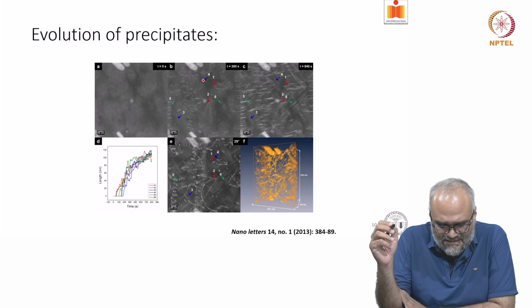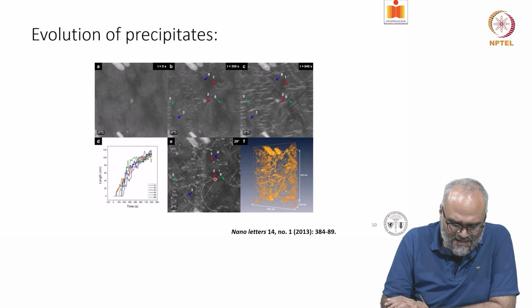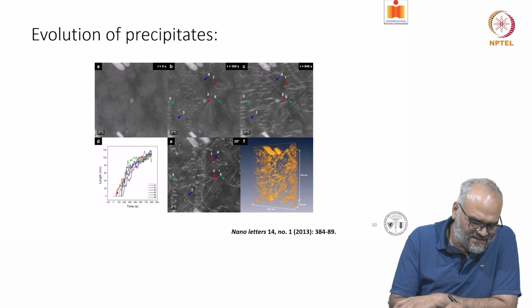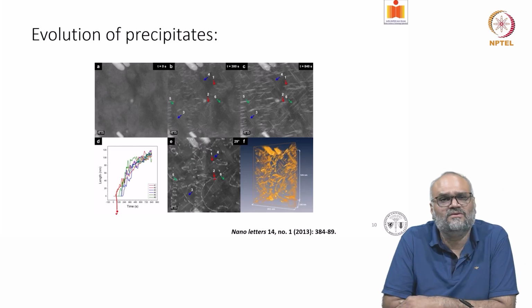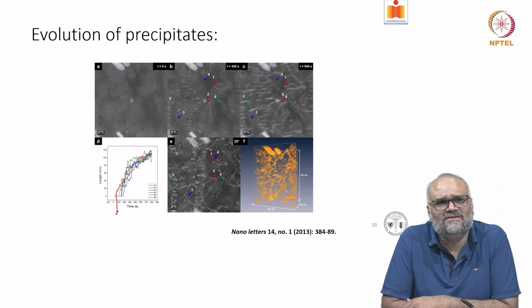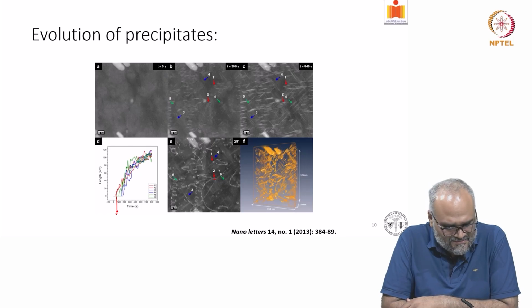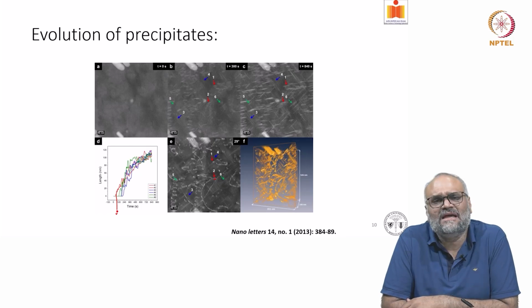It is interesting to note that the ones marked in red, if you look at the kinetics, are actually starting to grow far ahead of the other two. That is approximately a minute before the other precipitates start nucleating.